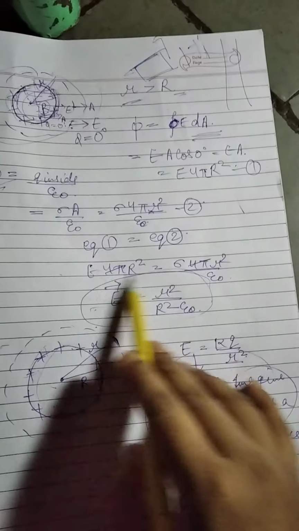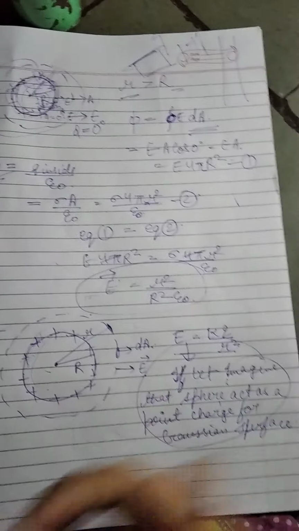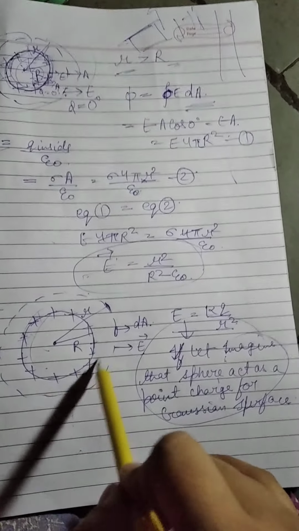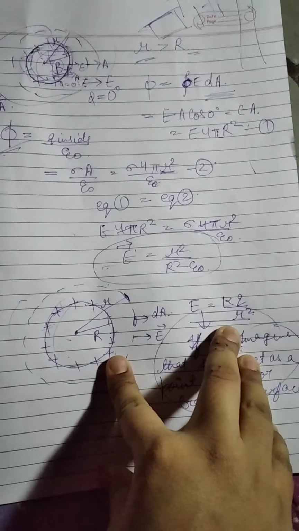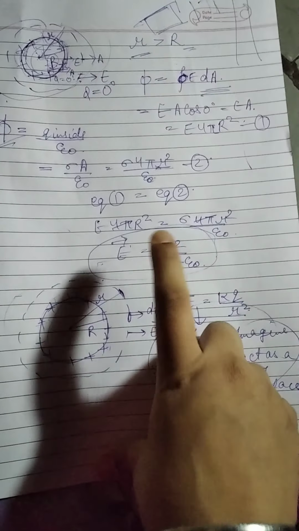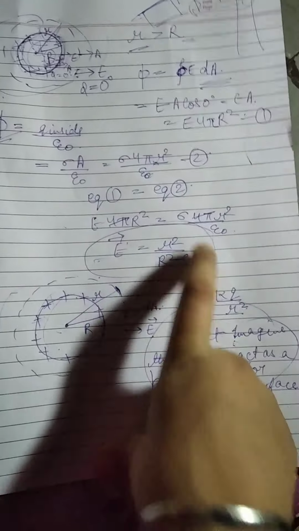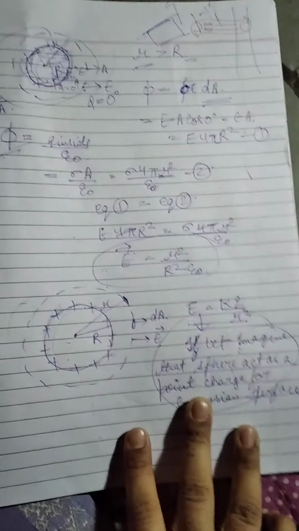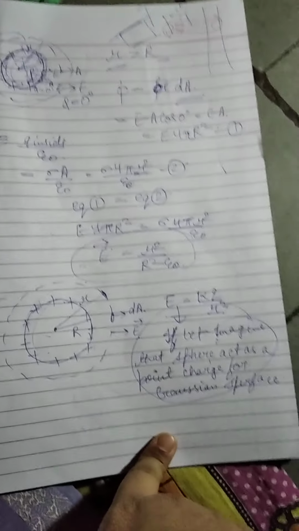Otherwise, remember this is more helpful than this. Some students ask that ma'am, this acts as a point charge. So for this also it happens, this is also possible, but this is more important because it is the new one. This we know earlier, so it is the new one. Okay, so my advice is that remember both are helpful equally.